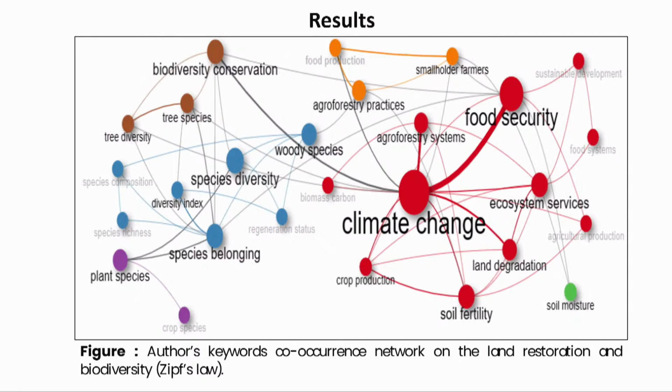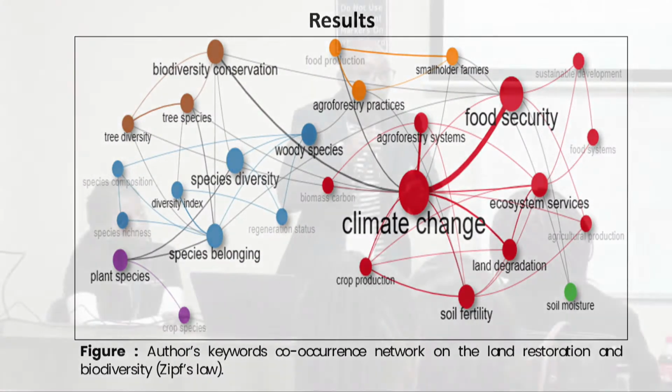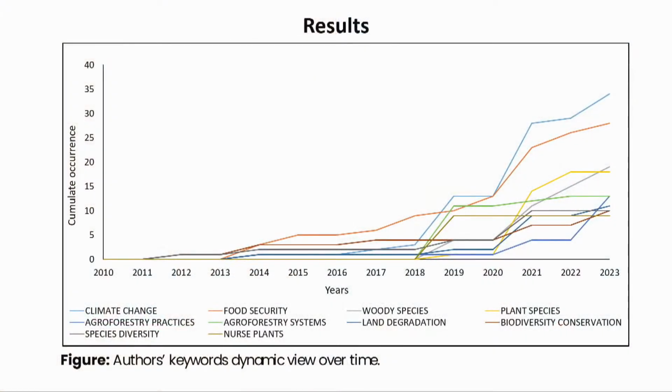But here now we see biodiversity conservation among those keywords. Then for the trend of words, we see that climate change emerged around 2013, and also food security, meaning they are new and people are now trying to consider those keywords and trying to mitigate food insecurity under climate change conditions.